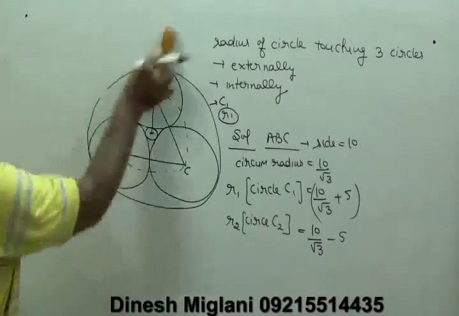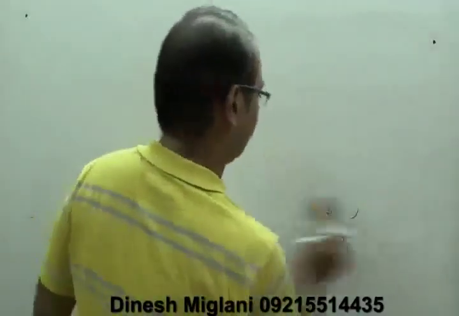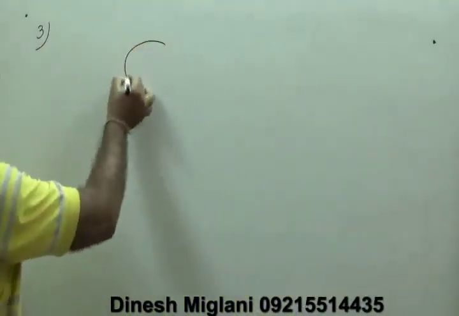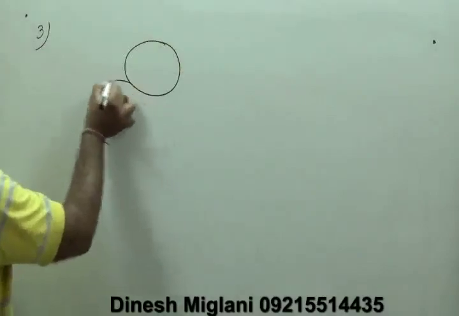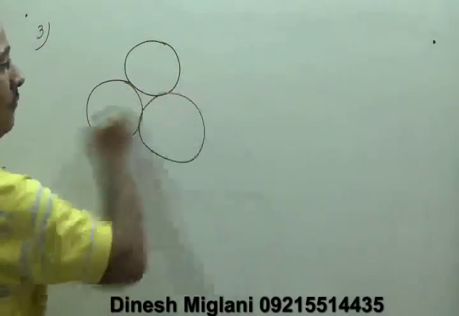Then you have the next question, number 3. It is given that 3 coins of equal radius are there in such a way.